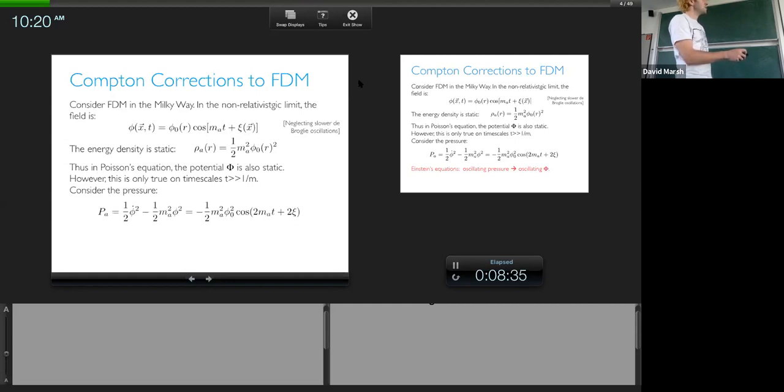So it oscillates on timescales a little bit faster than the Compton time. This is the thing that in the background solution, when we compute things like the relic density, we integrate out this timescale and say that the axion dark matter has no pressure. It has equation of state 0. Actually, its pressure oscillates at 2 times the Compton frequency.